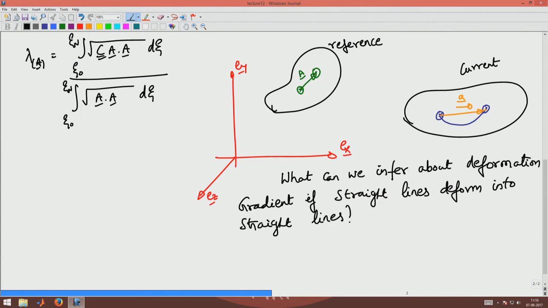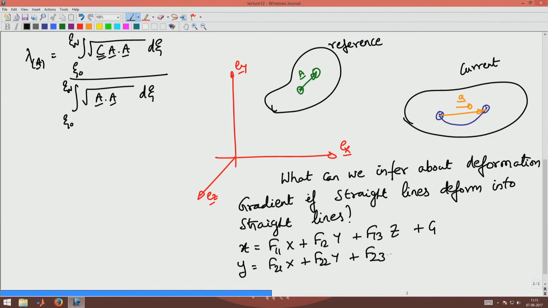So, what is a mapping that will take a straight line to a straight line? A mapping of this sort, x equal to f11 x plus f12 y plus f13 z plus c1, y equal to f21 x plus f22 y plus f23 z plus c2, z equal to f31 x plus f32 y plus f33 z plus c3.